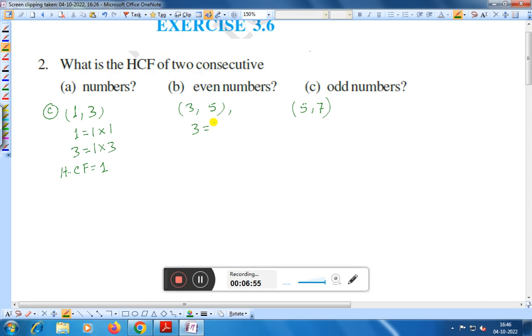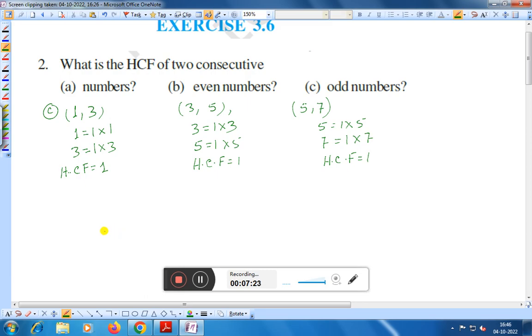In this case, 3 can be written as 1 into 3, and 5 can be written as 1 into 5. Therefore, the HCF of 3 and 5 is also equal to 1. In this case, 5 you can write as 1 into 5, and 7 as 1 into 7. Therefore, the HCF in this case is also 1.